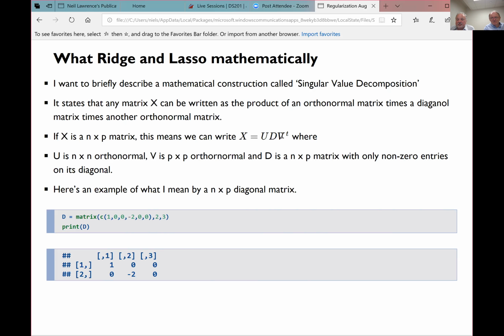That means all the columns are uncorrelated: the dot product of each column with other columns is 0, and the dot product of a column with itself is 1. So these are bases of unit vectors that are perpendicular to each other. And then D, the term in the middle, is the important one. That's an n by p matrix.